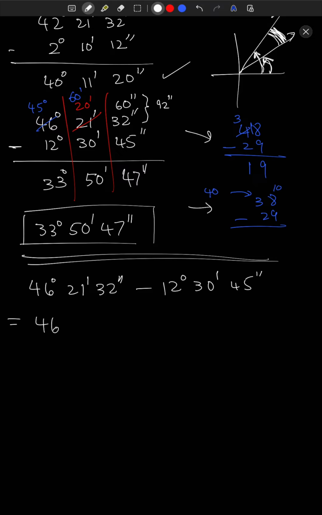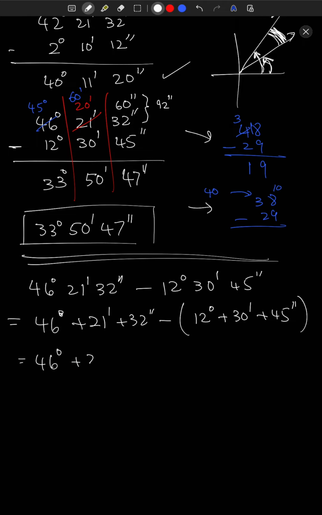That's equal to 46 degrees plus 21 minutes plus 32 seconds minus 12 degrees plus 30 minutes plus 45 seconds, right? And so this is 46 plus 21.